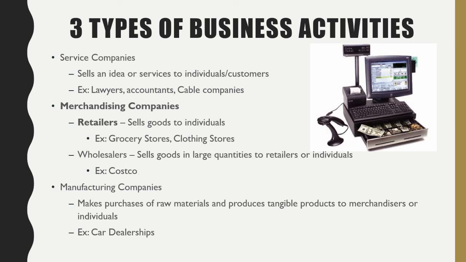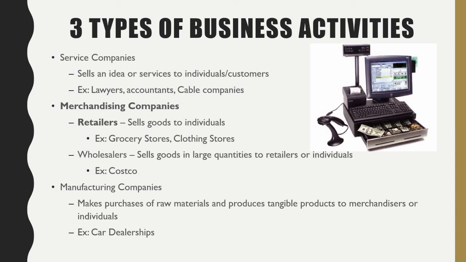And the last type of business activity we're going to be looking at is manufacturing companies. They're the ones that build the products to sell to retail stores, or they can also sell to the individual customer.